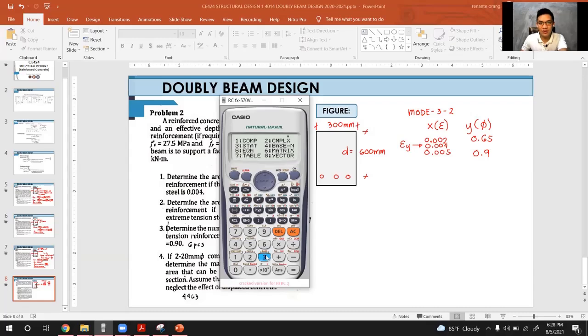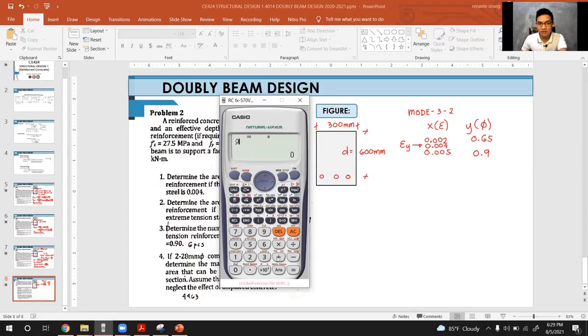Okay, so let us use this calculator. Mode 3 for statistics, then 2 for a linear na interpolation. So 0.002, 0.005, and then pag 0.002, yung phi natin is 0.65. Tapos pag 0.005, 0.9 tayo. Ayan. So click mo lang yung AC, then shift statistics, hahanapin natin yung ating regression 5. Then yung y, yung ating hinahanap, no?